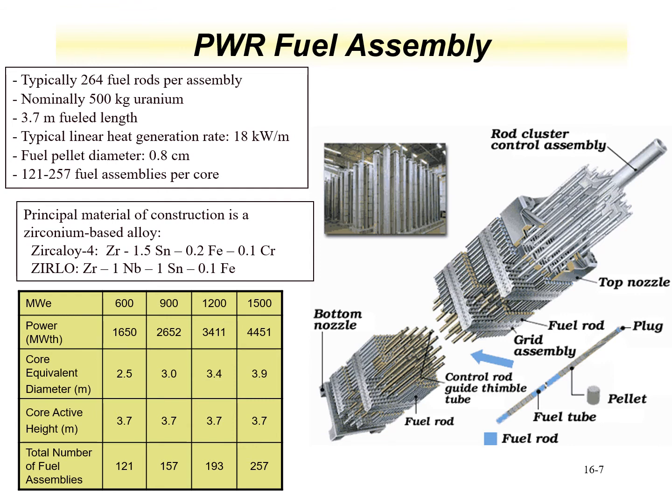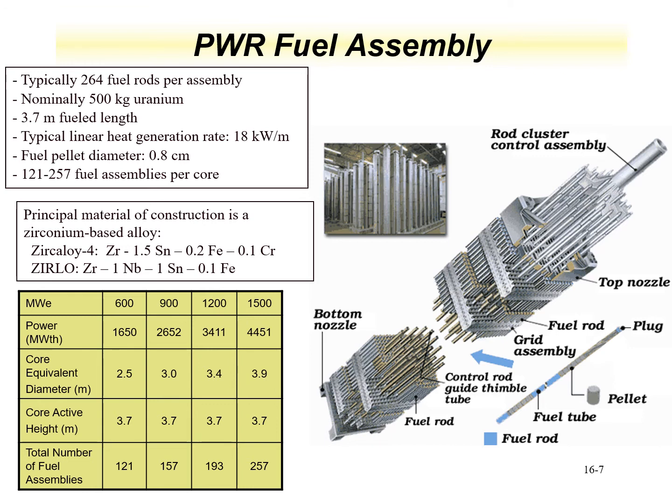The amount of power that a pressurized water reactor can produce is based upon its size, and it goes anywhere from 600 megawatts electric to 1,500 megawatts electric. Just as a note, the amount of thermal power that is produced is about 3 times the amount of the electrical power.